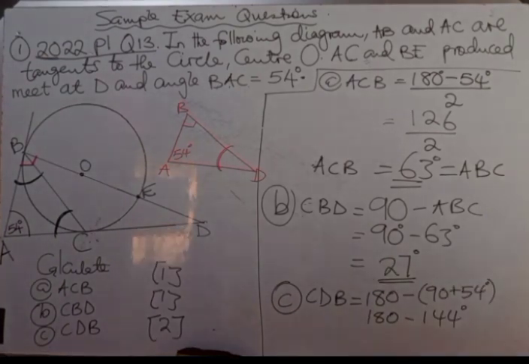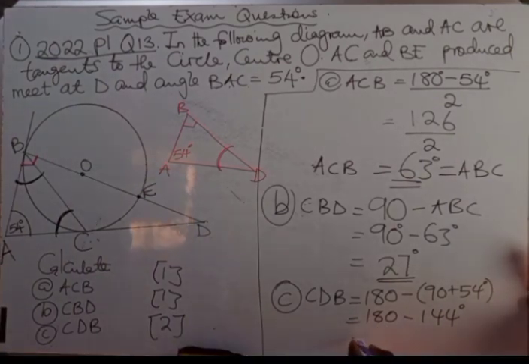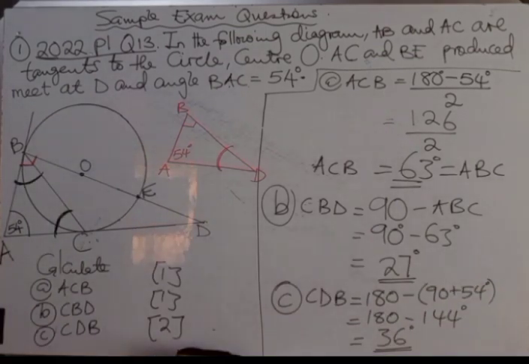What is 180 minus 144? The answer we have is 36 degrees. So that is the answer for that question.